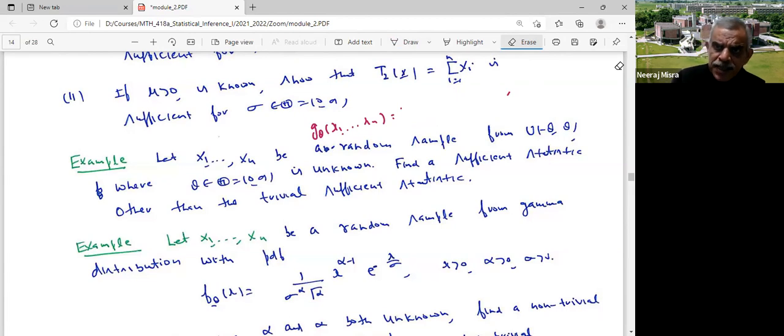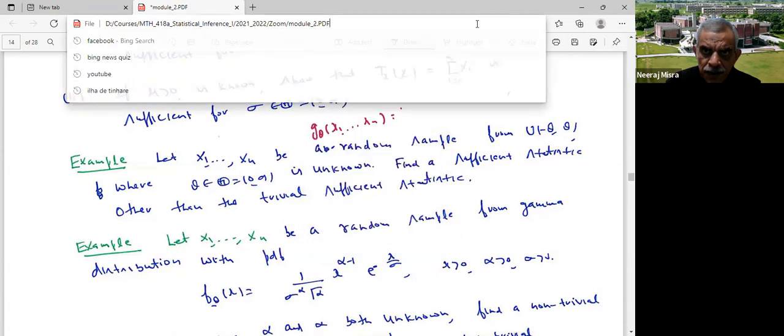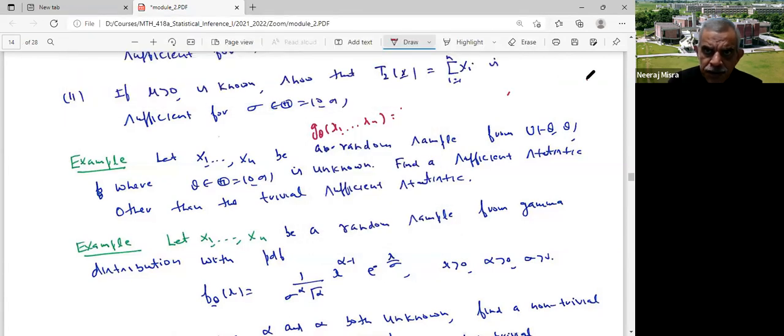It is 1 by 2 theta to the power n, if xi lies between minus theta and theta, which is equivalent to saying that mod of xi is less than or equal to theta. Now this should happen for all i equal to 1 to n.